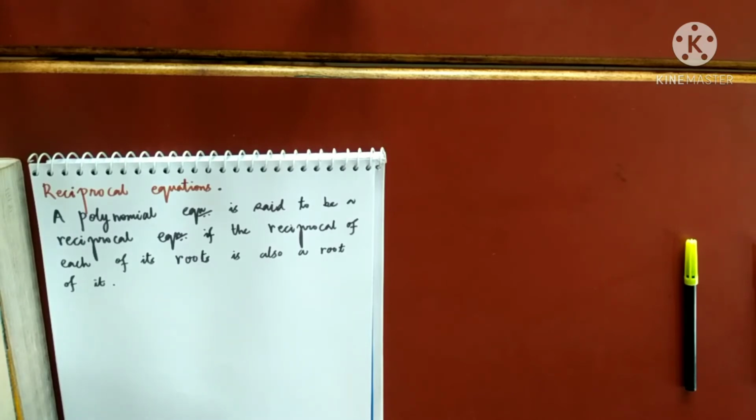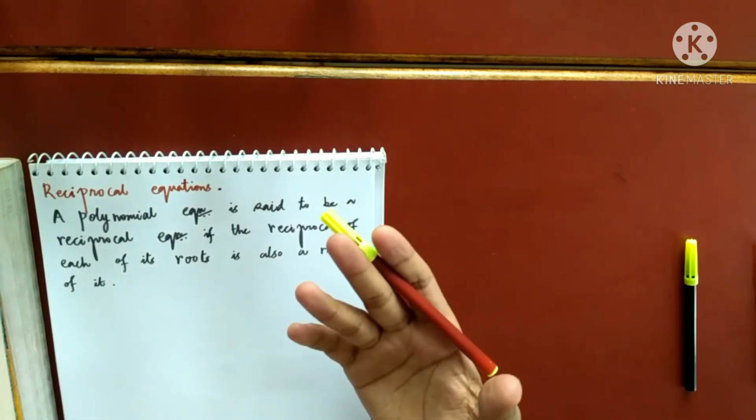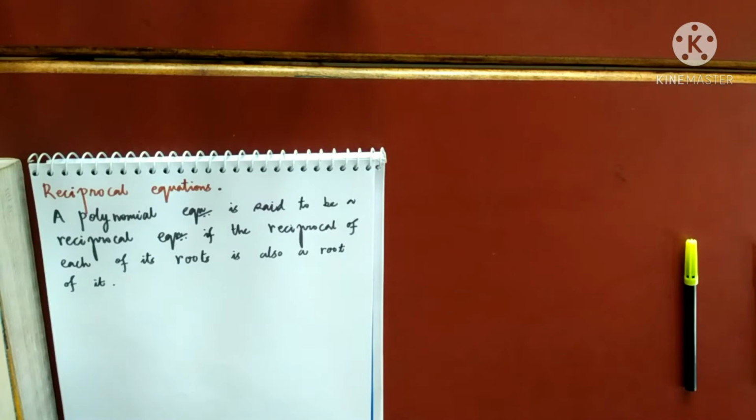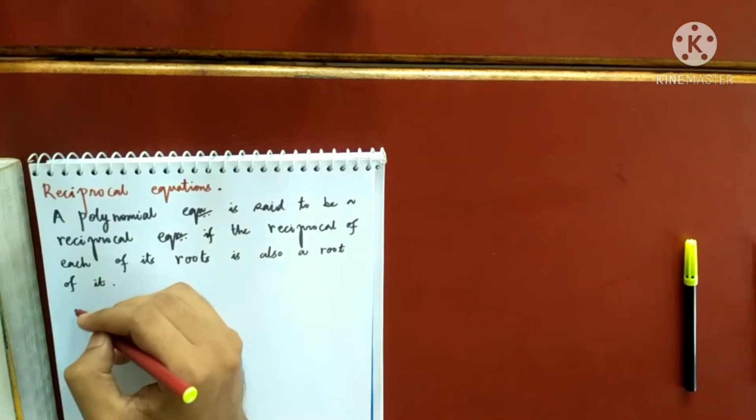Because if any root is 0, its reciprocal is undefined, which cannot be its root. So if 0 is a root of some given equation, then that equation cannot be a reciprocal equation. So that I'll write as a note for this.